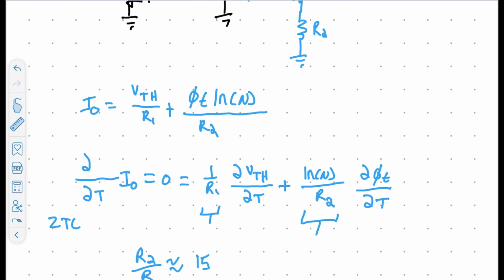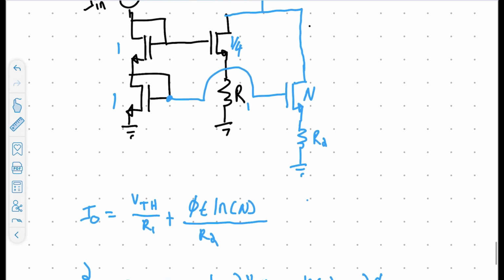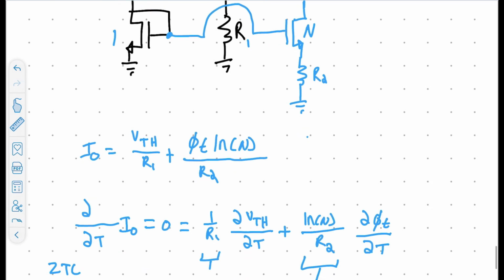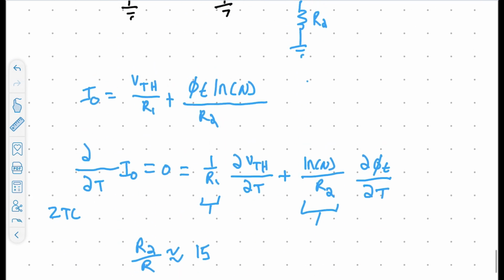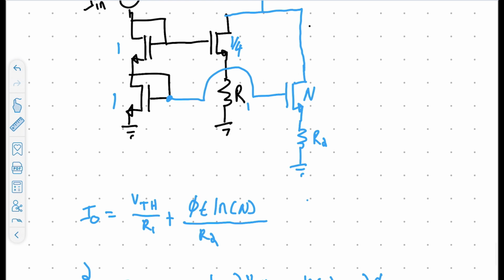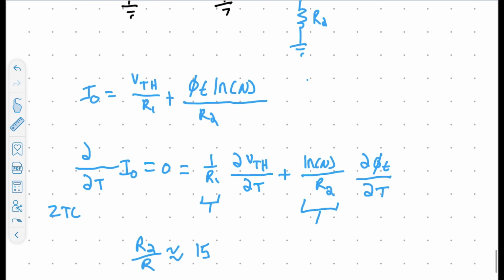That'll give you the relative ratio for R1 to R2, and then from there you also know what output current you're trying to target, so you can use that as your second expression, and with those two expressions you can derive an output current that's ZTC, or flat with respect to temperature.